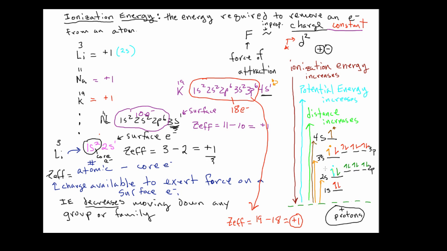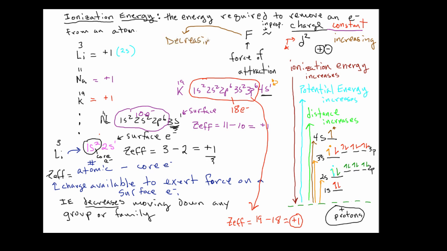We've had another big jump because the surface electrons in this case are shifting to a brand new energy level each time we step down in the group. So the distance factor here is increasing by a large extent. So that means your force of attraction moving down any group is decreasing.